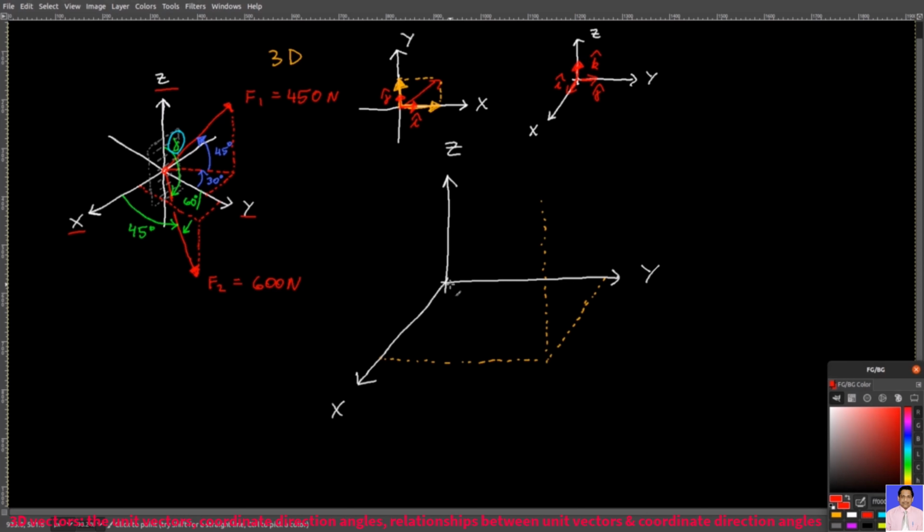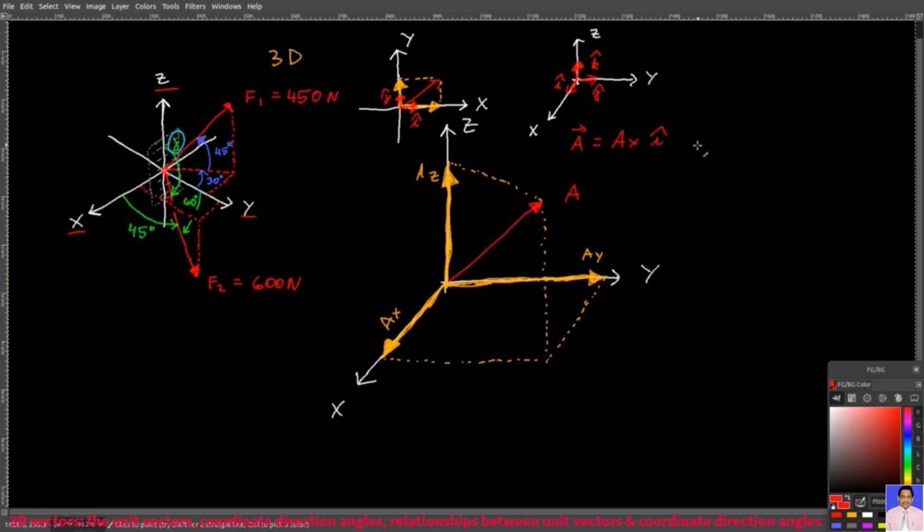So let's say that you have a random vector A here. It has three components, Ax, Ay, and Az. Using the unit vectors, you can represent it like this. A vector equals Ax i plus Ay j plus Az k.